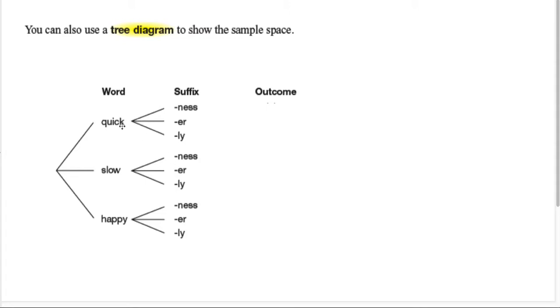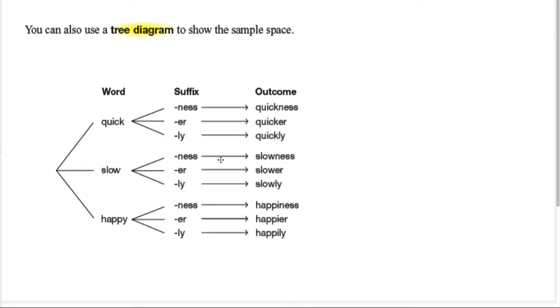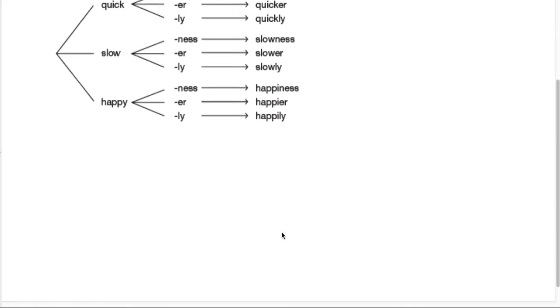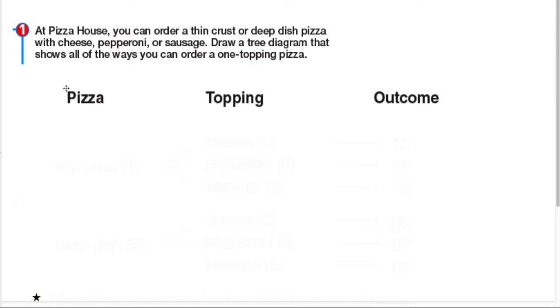If you create your words, quickness, quicker, quickly, slowness, slower, slowly, and happiness, happier, and happily, these are your outcomes. If you count the number of outcomes, there are 9 of them. So a tree diagram is a very useful tool in organizing data and trying to find out the number of possible outcomes.